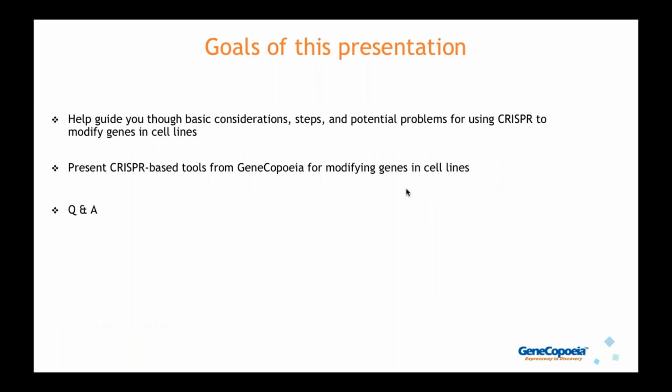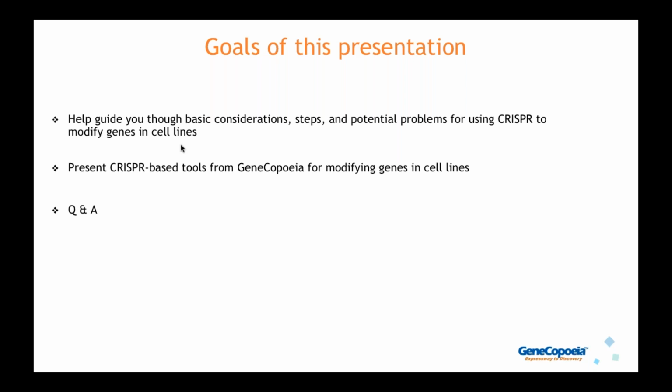Okay, so here are the goals of this presentation. First, to help guide you through the basic considerations, steps, and potential problems for using CRISPR to modify genes and cell lines. Now, I emphasize cell lines because that's what most of our customers use our tools for. At least the off-the-shelf tools are primarily designed for that. But of course, we can provide solutions for other situations like transgenic animals, but that's a little beyond the scope of today's webinar.